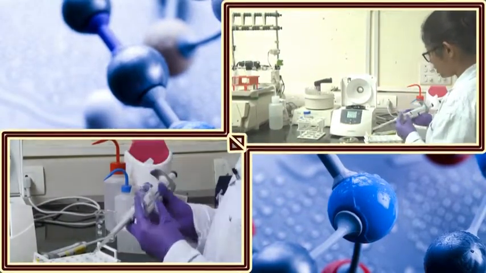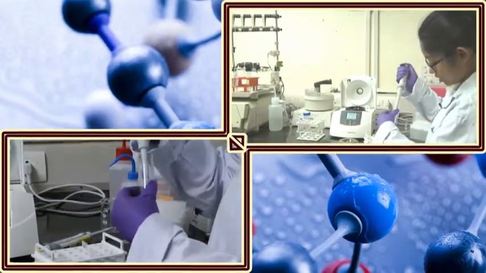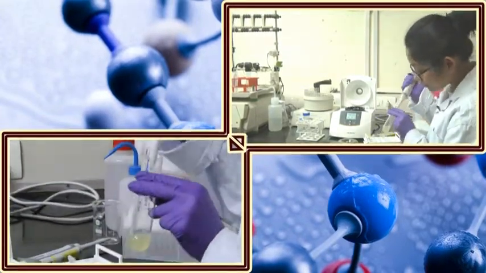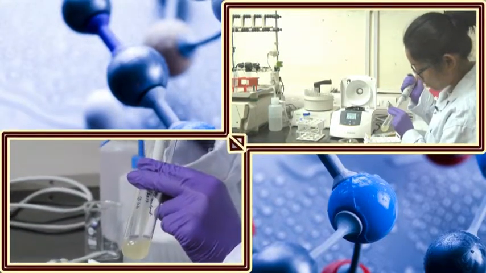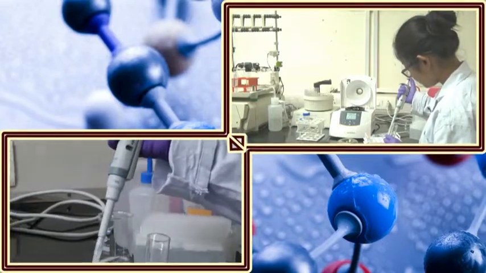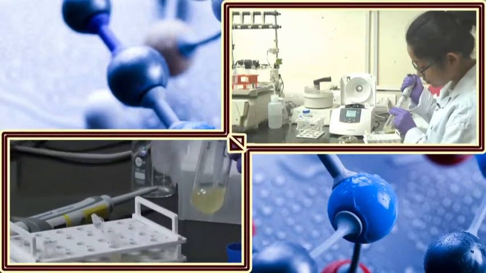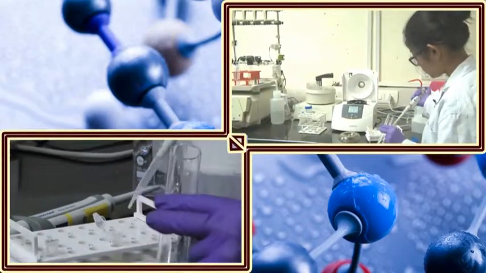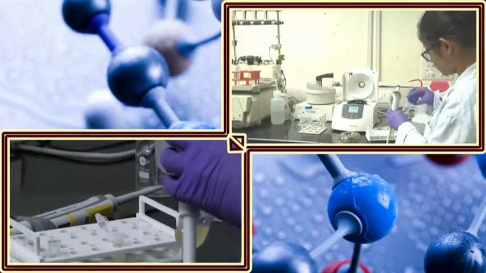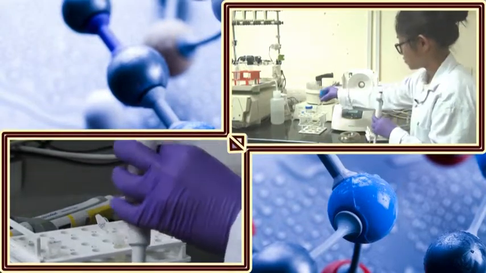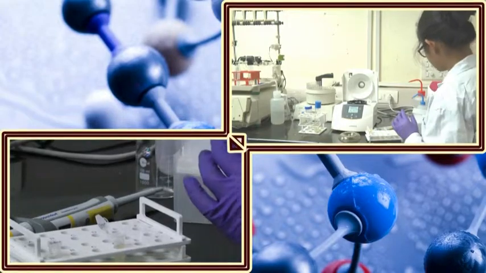So as I want to take 5 ml of culture, using a micropipette I will take 1 ml first. A small volume. Discard the tip.